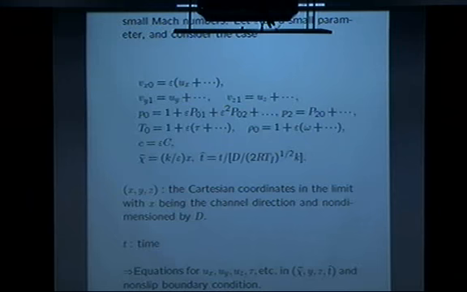Then we get the fluid dynamic equation for x, y, z, and tau. This is the temperature, and this is the shrunk coordinate in the x direction, x, y, z, t.